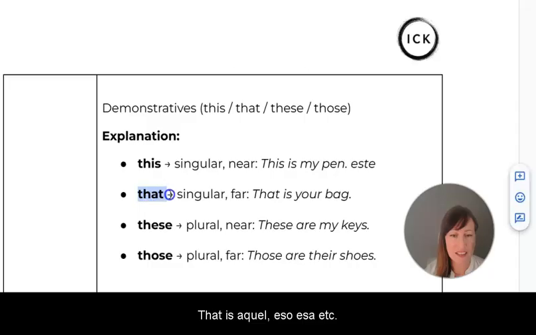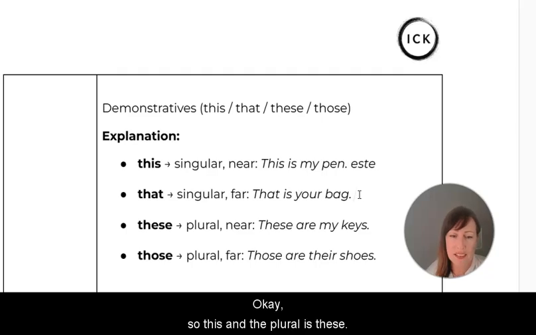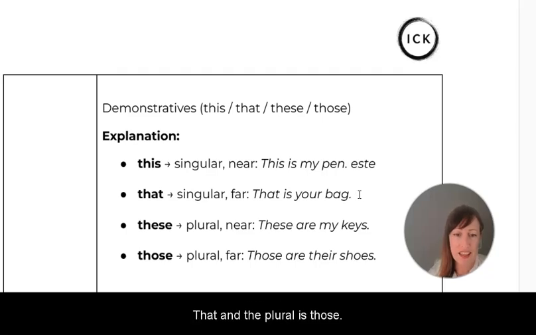That is aquello, aquel, and eso, esa. That's the difference, okay? So we only have that, whereas in Spanish you have aquel or este, or ese, sorry. Okay? So this and the plural is these, that and the plural is those.